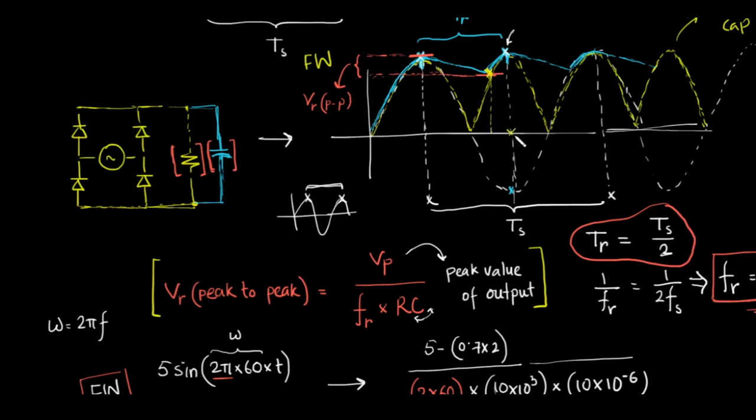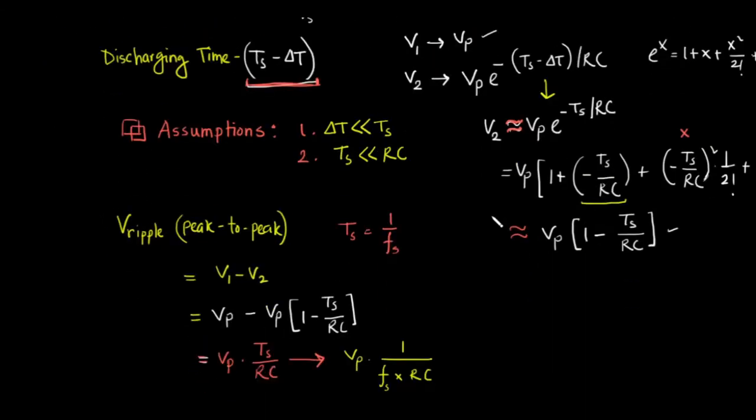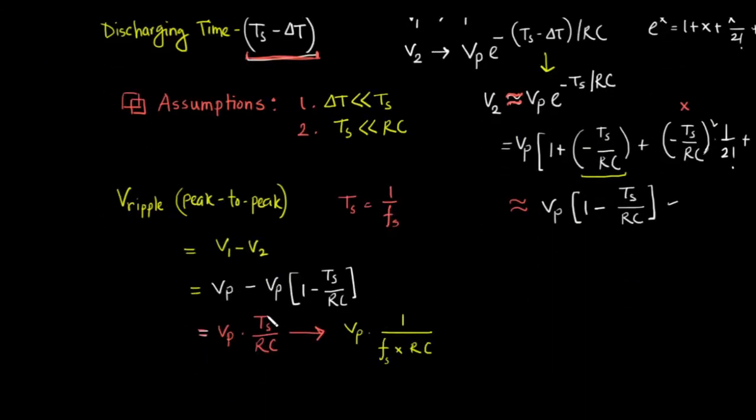So what is this value? This value is actually Ts by 2. So all of our calculations would be the same, just in place of Ts we would have Ts by 2, or in the final formula in place of Ts we would have Ts by 2.